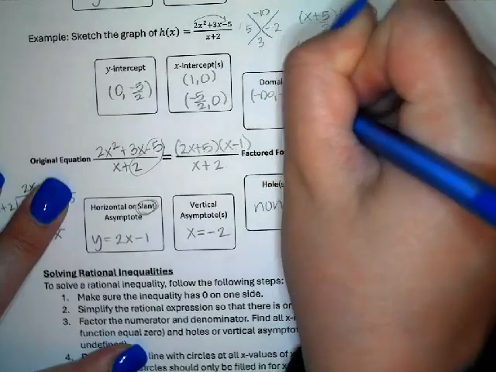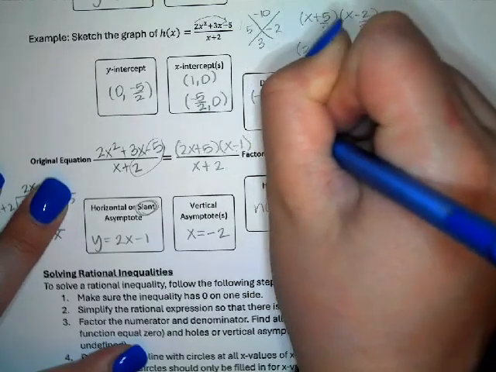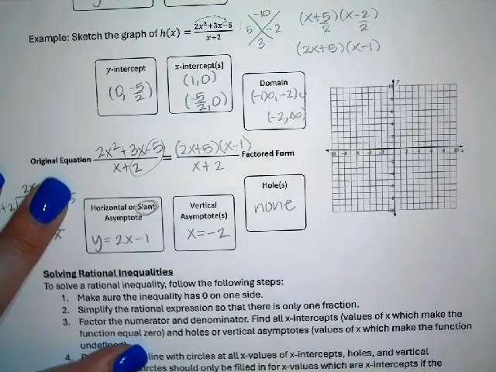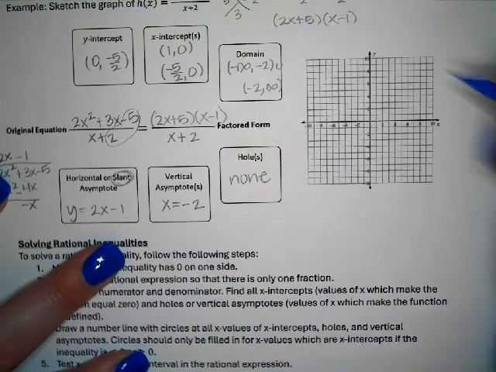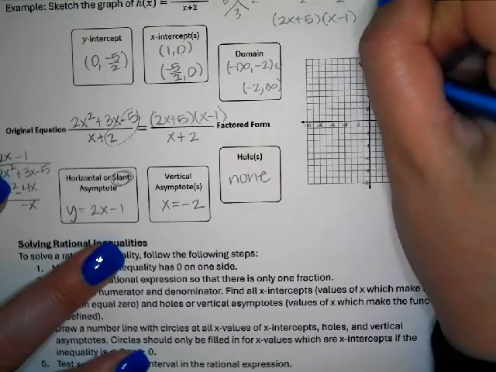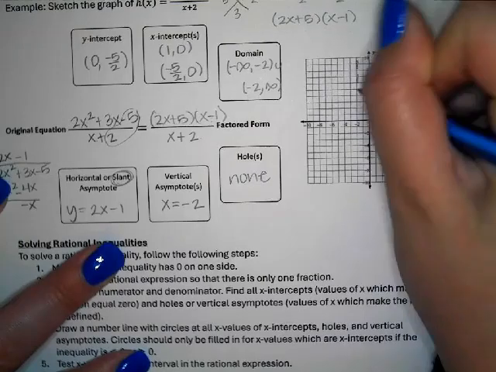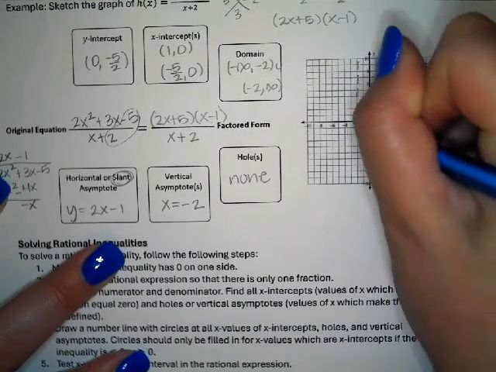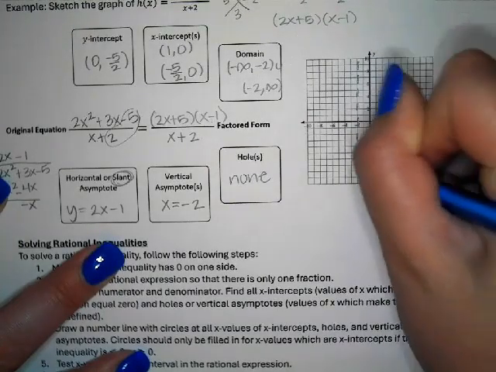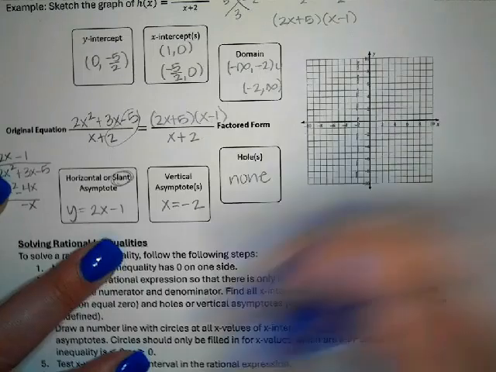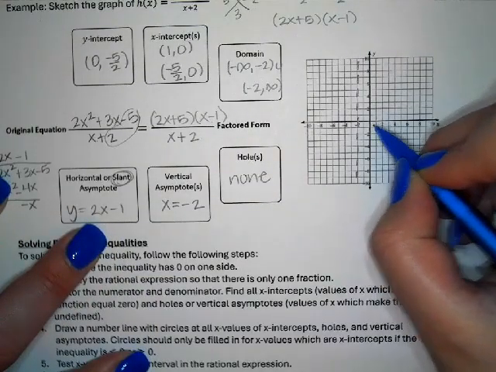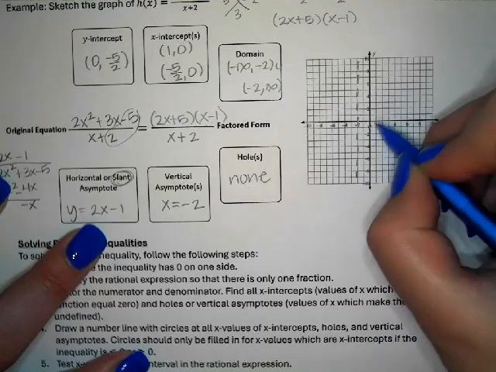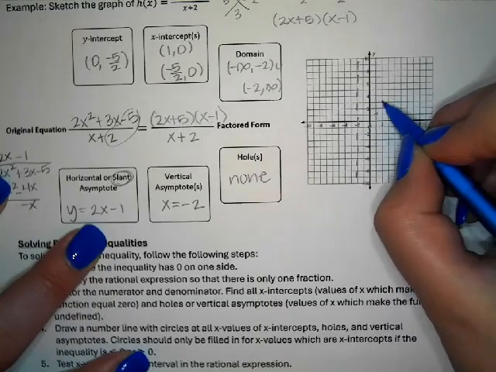Okay, so for my vertical asymptote, I'm going to draw in a vertical dotted line at negative 2. And then for my slant asymptote, 2x minus 1, so there's my y-intercept. Here's my slope of 2. I'm not going to connect these with a solid line.